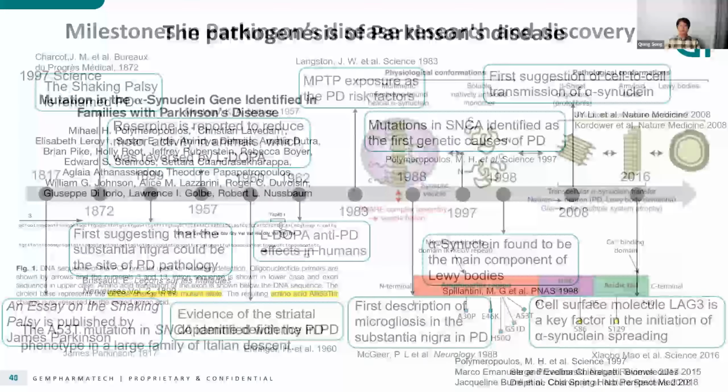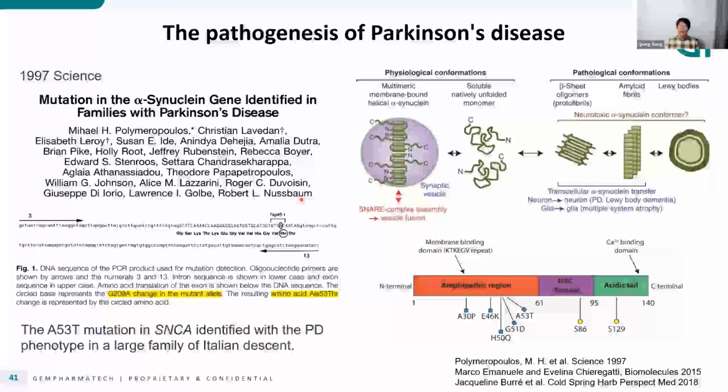The SNCA gene was first identified as a Parkinson's risk gene, and pathogenic mutations in the SNCA gene can cause alpha-synuclein protein conformation changes and protein accumulation in Lewy bodies, which can lead to the disease pathology.